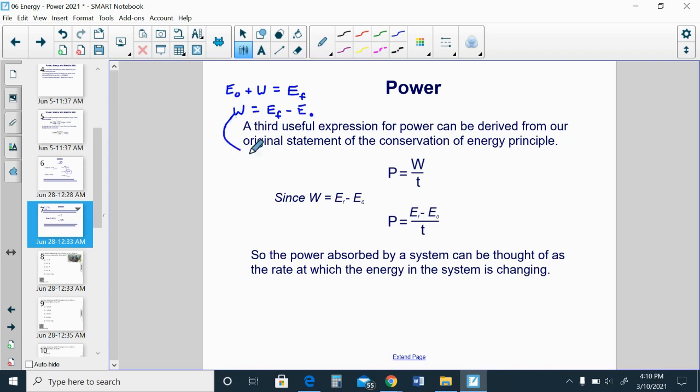So we see this down here. Since we could define work as the final energy minus the initial energy, you could sub that in for work in the power equation. So we have power is equal to the final energy minus initial energy over time. So the power absorbed by a system can be thought of as the rate at which the energy in the system is changing.